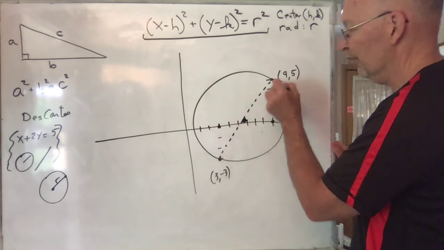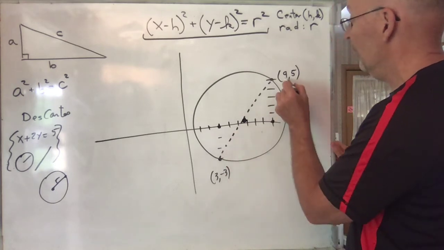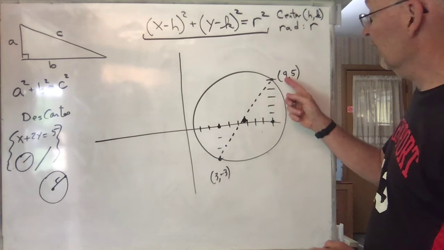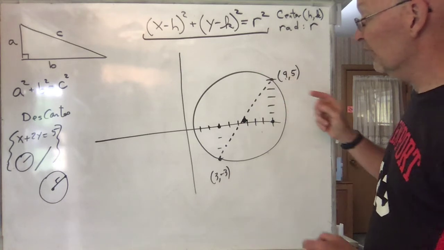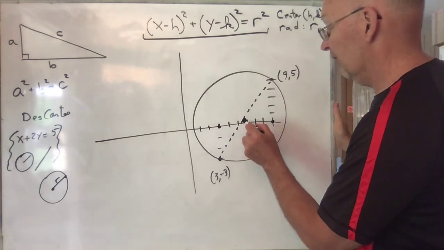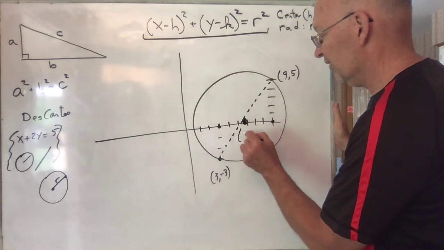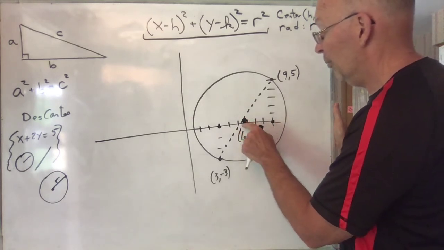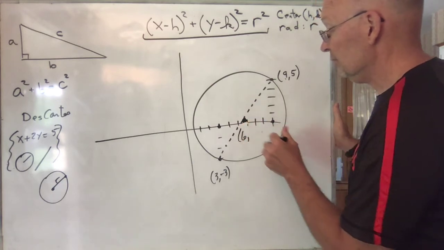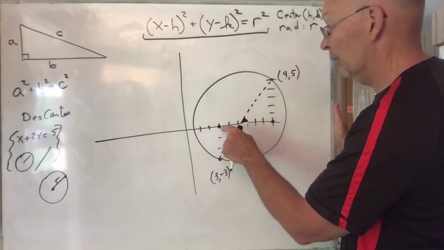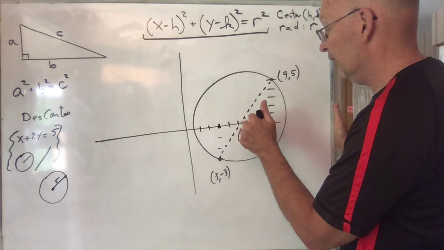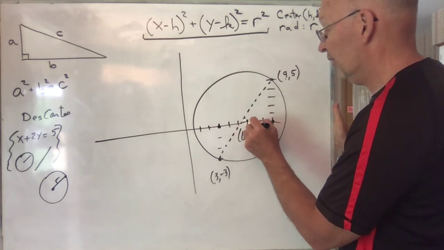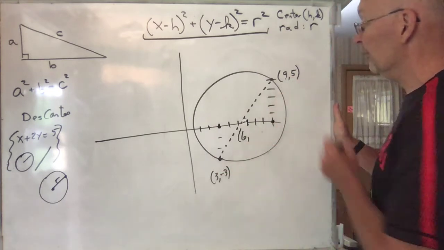What's halfway between 3 and 9? If I add 3 and 9 together, I get 12. 12 divided by 2 is 6. So right there is the point 6. Let's see, 1, 2, 3, 4, 5, 6. Here's the point 6, the midway point between 3 and 9.